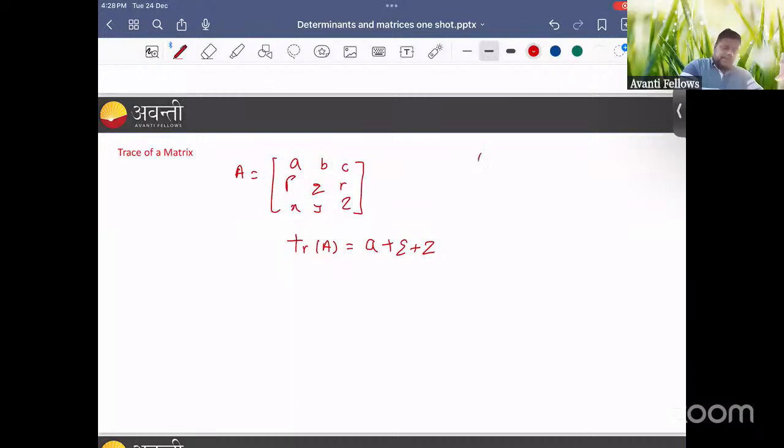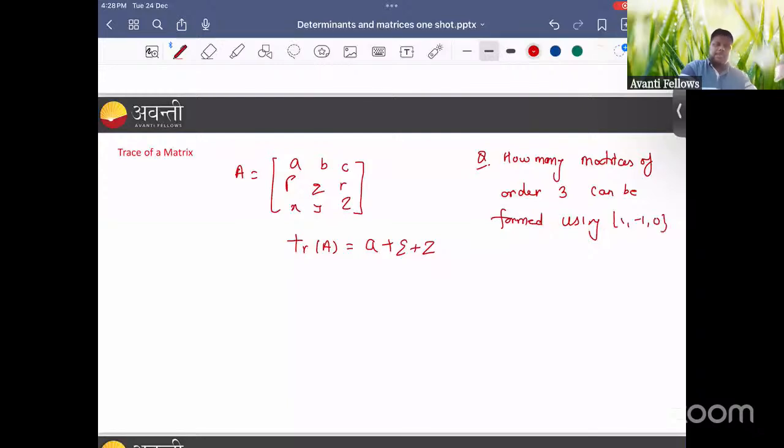Now, write a small question. How many matrices of order 3 can be formed using 1, minus 1, and 0 as its entries, and trace of A is 0?